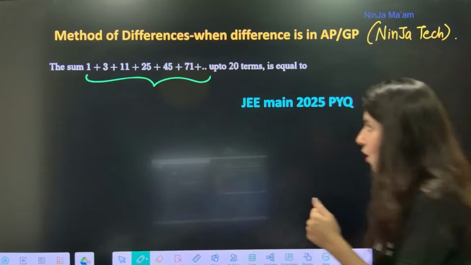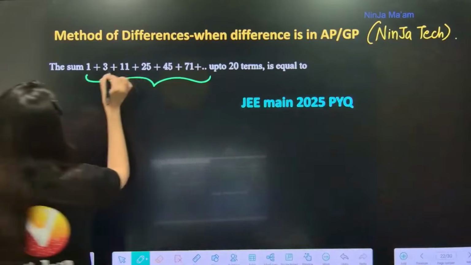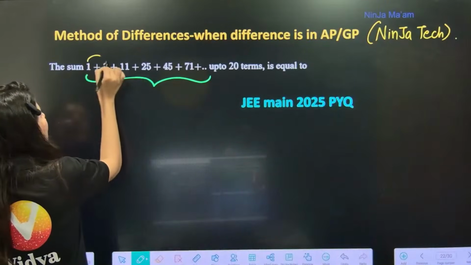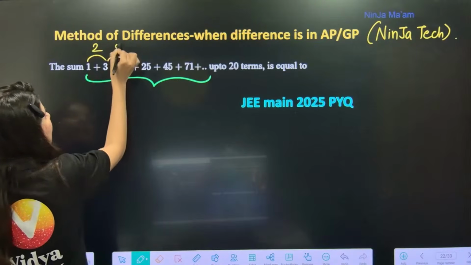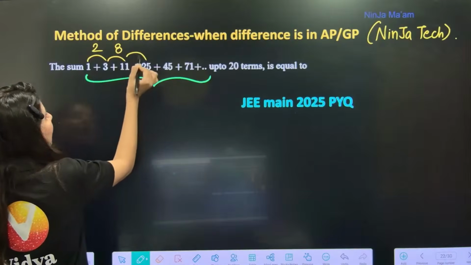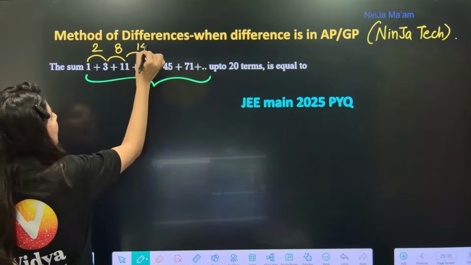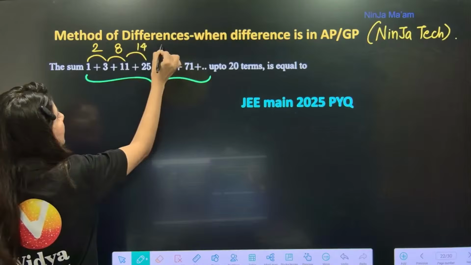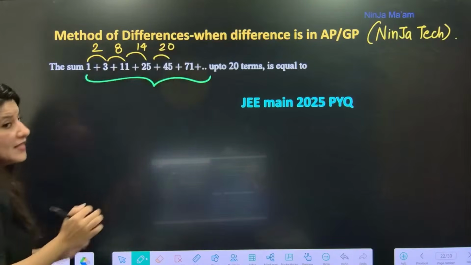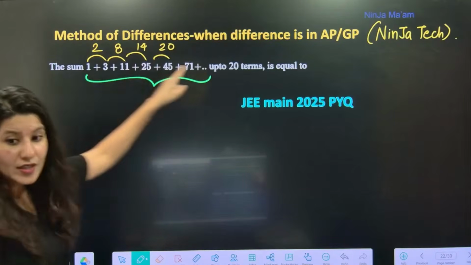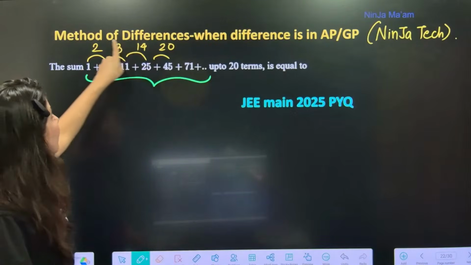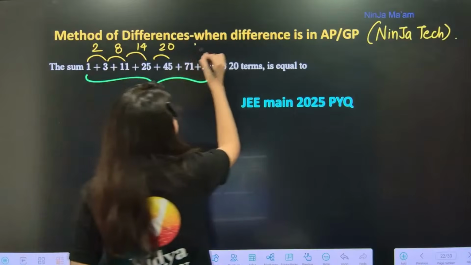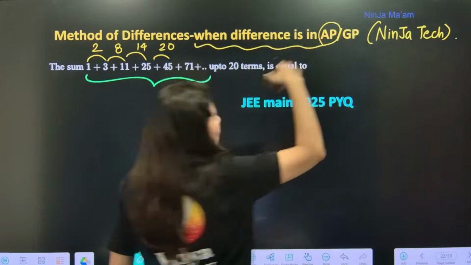But if you try to figure out the differences: 3 minus 1 is 2, then 11 minus 3 is 8, 25 minus 11 is 14, then this is 20. Can you see the differences over here? The differences 2, 8, 14, 20 are in arithmetic progression.